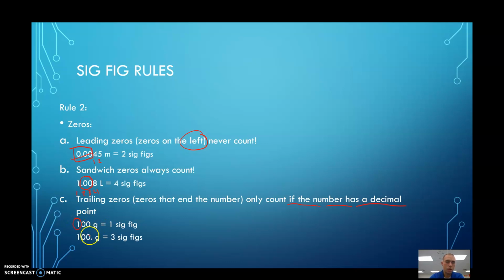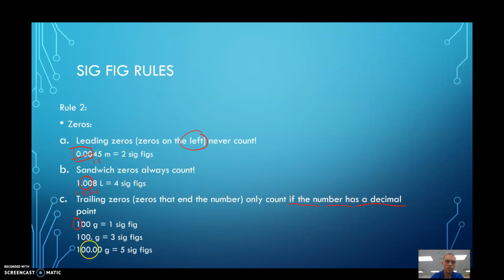Okay? I could put a decimal at the end of this number, and that's going to tell me, boom, now these digits become significant. And so I go from 1 to 3 sig figs just by adding a decimal, because now these trailing zeros count.